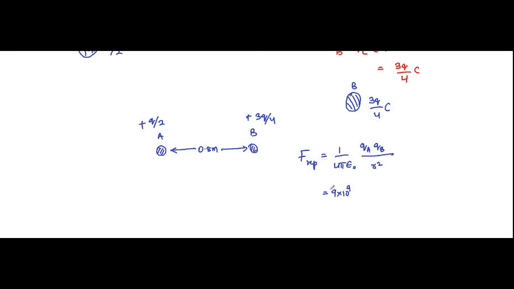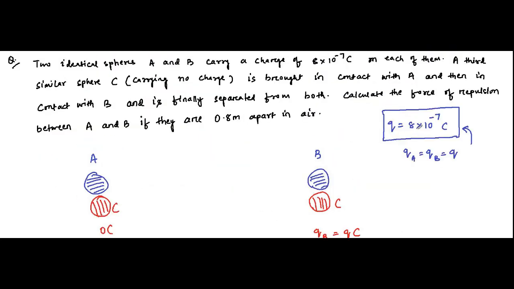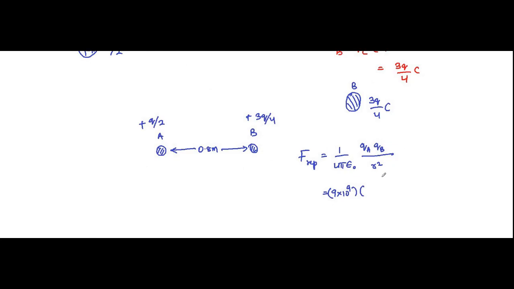So that is equal to 9 into 10 to the power 9 multiplied with, we'll replace Q with this value, 8 into 10 to the power minus 7 coulomb. So for QA it is 1 by 2 into 8 into 10 to the power minus 7, and QB it is 3 by 4 into 8 into 10 to the power minus 7, by R square, which is 0.8 whole square.